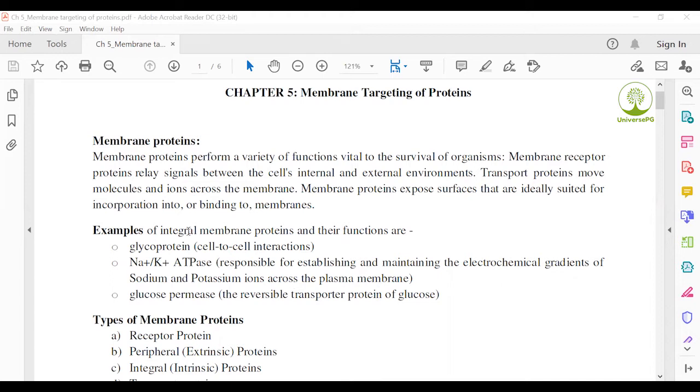So, membrane protein. You read for your April 2021 exam. First you read what is membrane protein and examples of membrane protein with their function.